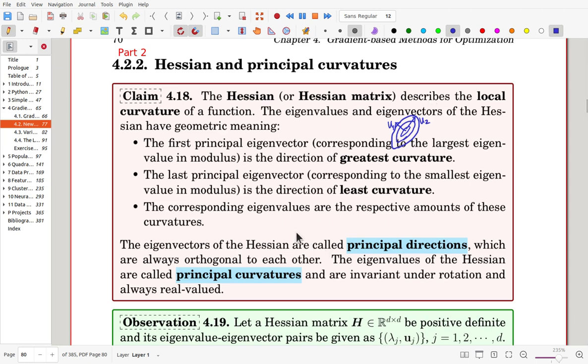If the dimension is larger than 2, then the corresponding eigenvalues are the respective amounts of these curvatures. Eigenvectors of the Hessian are called the principal directions, and the eigenvalues are called the principal curvatures.